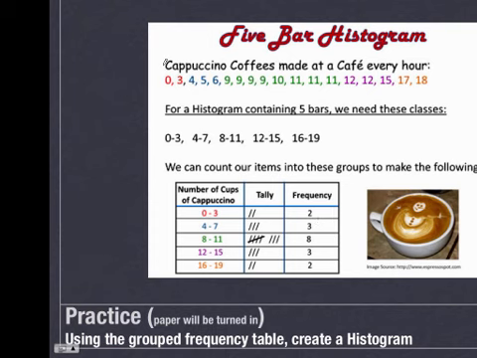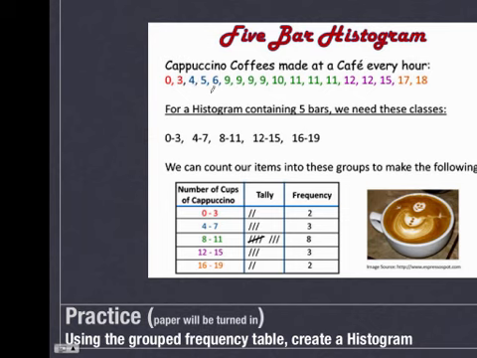We've got cappuccino coffees made at a cafe every hour. Here each hour is represented by a numeral, and these numerals actually indicate how many coffees were made each hour. So for instance, the first hour they made 0 coffees. The second hour they made 3 coffees. The third hour they made 4 coffees, and so on.